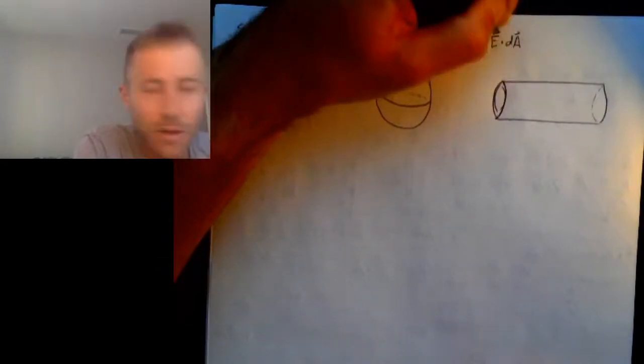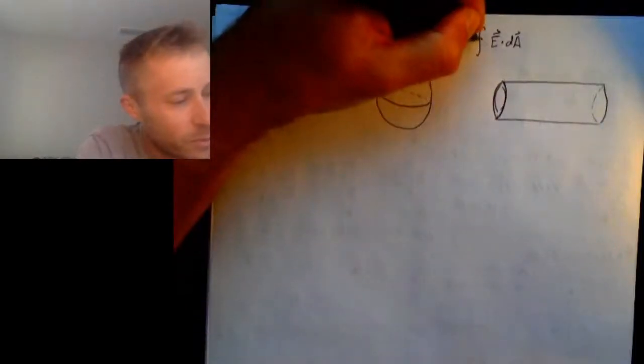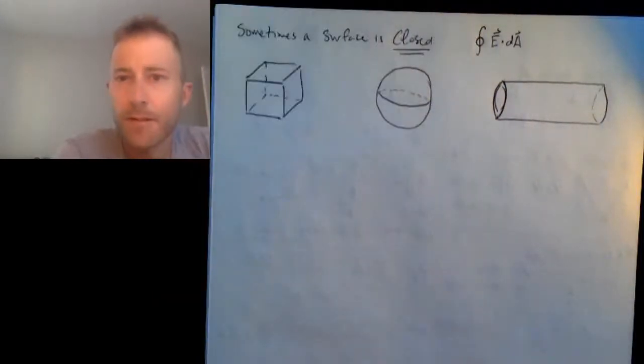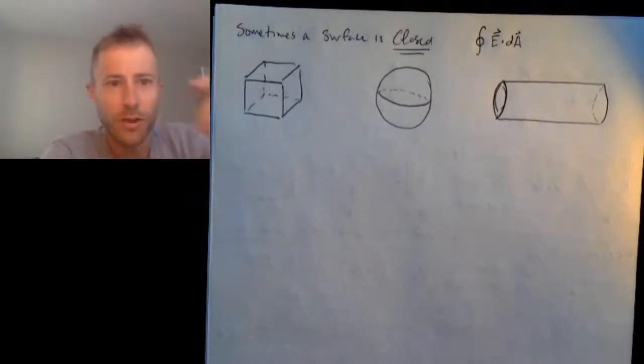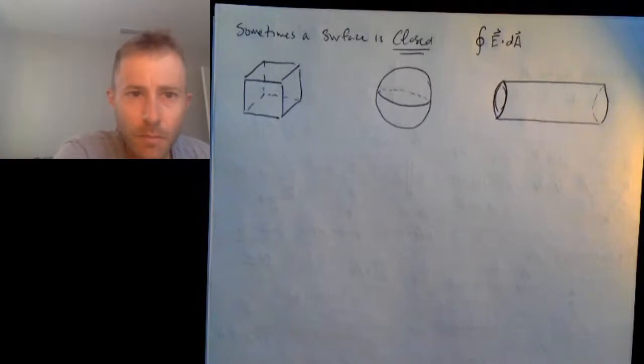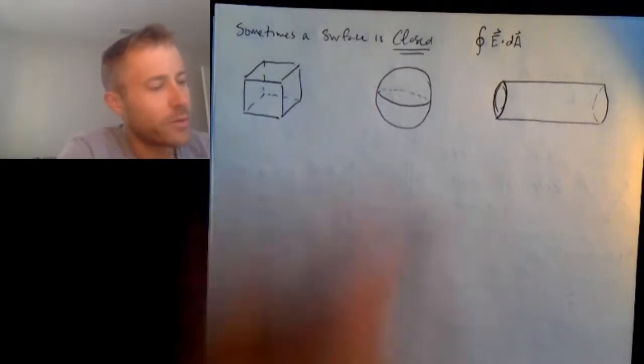To indicate that it's a closed surface, you put a little circle on the integral sign, because circles have no boundary, right? They're closed. So that's what you do if it's a closed surface.